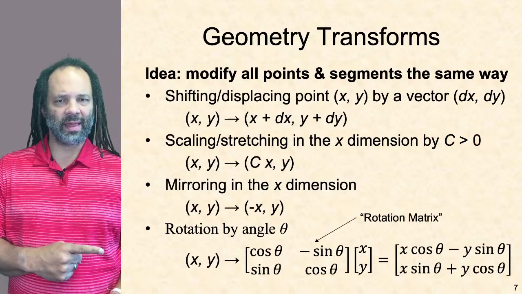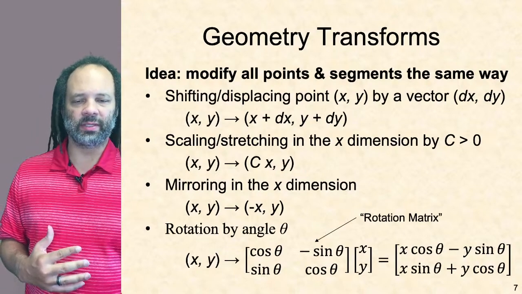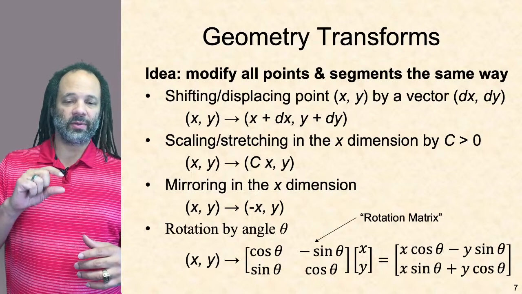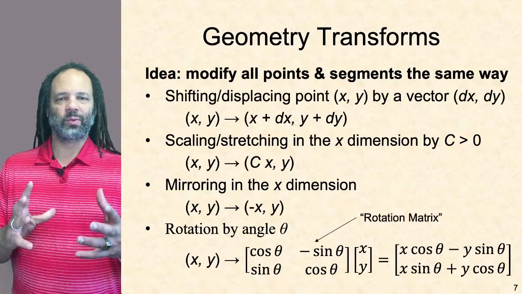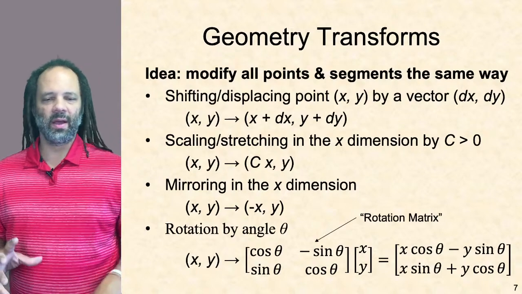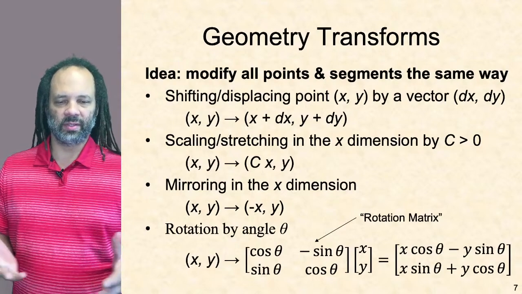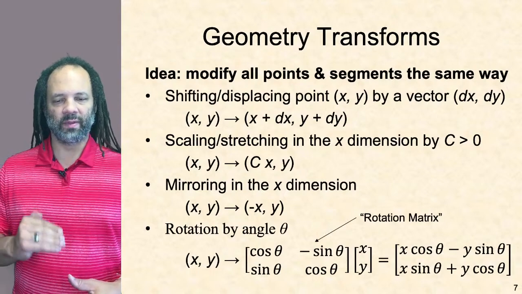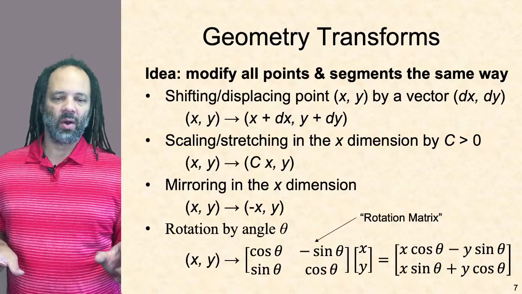This one is a bit more mathy if you want to get back into that geometry class. We really have to deal with sines and cosines here. I've got this rotation matrix, using cosines and sines, and to set it up I've got some angle theta that I'm rotating this point by. So if x, y is my point and I want to rotate it by theta, all I have to do is feed those x, y into a matrix multiplication with this rotation matrix, where one column is cosine theta over sine theta, the angle I want to turn by, and the other column is minus sine over cosine.